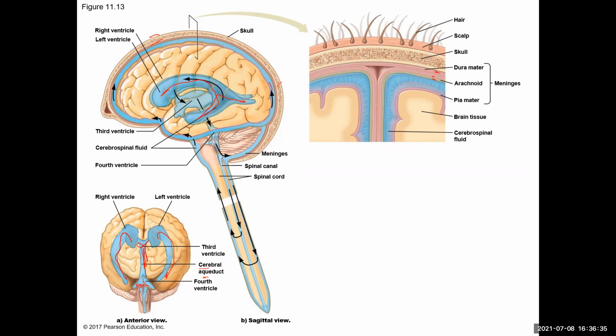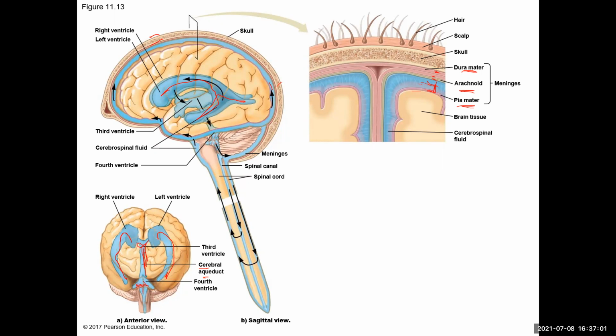And then between the arachnoid meninge and the pia mater is the cerebrospinal fluid. So the pia mater is directly covering the brain itself. Okay? And so that cerebrospinal fluid is between the arachnoid and the pia mater. So again, the three different meninges: the dura mater, the arachnoid, and the pia mater.